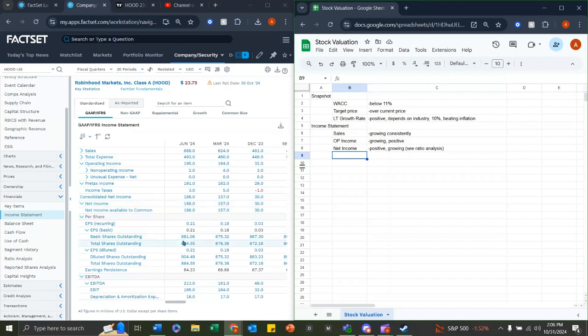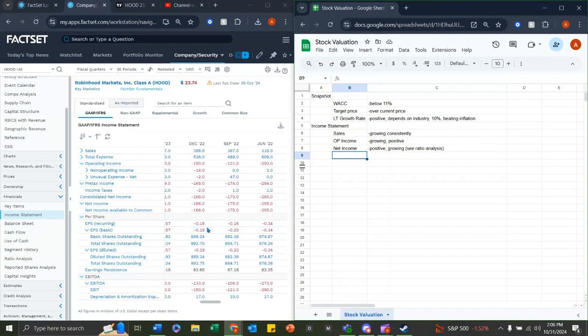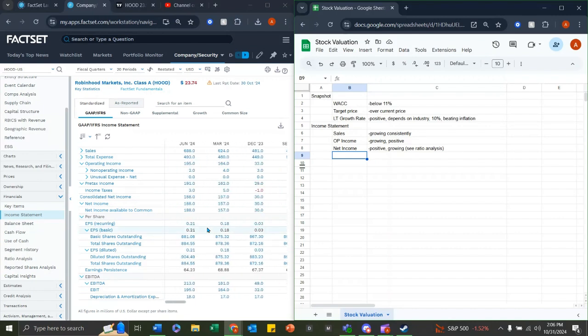EPS doesn't necessarily need to be growing. I would more say consistency is good. Another thing you want to see is shares outstanding. So I will put EPS as growing.